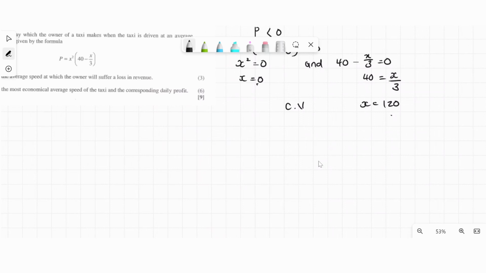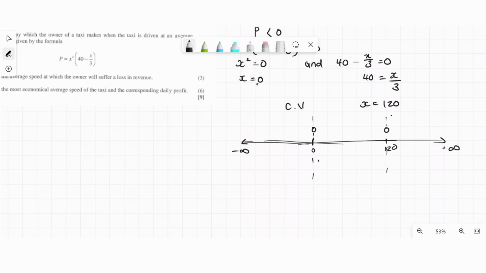So now I'm going to draw a number line like this, where I'm going to have 0 here, then I'm going to put 120 here. Draw open circles like this, draw dotted lines. Then you know that this side is negative infinity and this side is positive infinity.